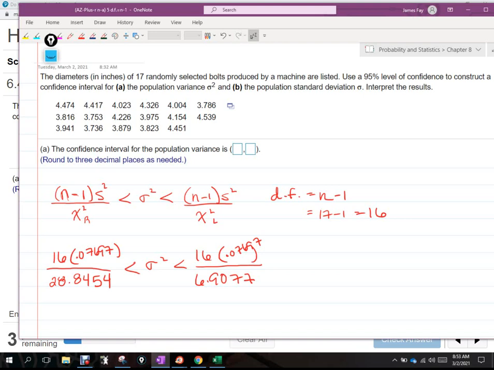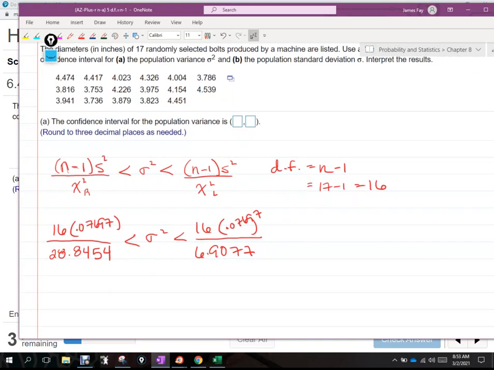So if I'm the manufacturer, as long as my variance and standard deviation interval is inside that already pre-established interval, then my machines are working fine and I can keep producing. If I am outside that interval, then we've got to shut down production and fix things. Does that make sense? So that's just something to think about on that side of the statistics.